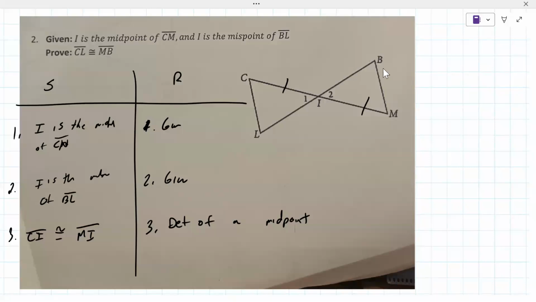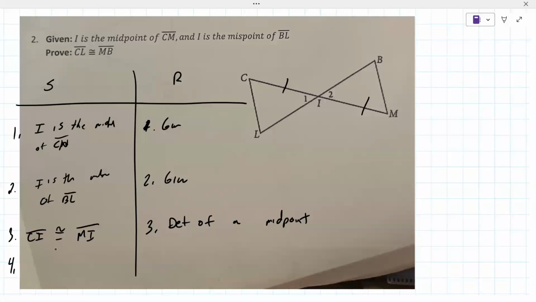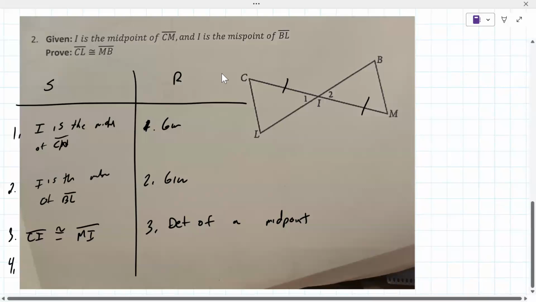This is where most students struggle because they don't know what to write, because they don't know why they have to say this. But that's the requirement of a proof. I tell you something is true, you say the definition of the true thing, and that's the result. So what does it mean if I is the midpoint of BL? What does that mean?